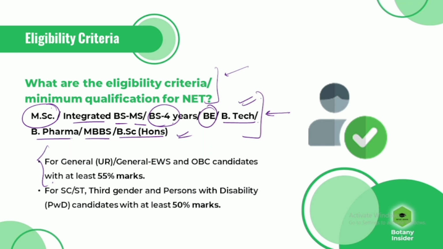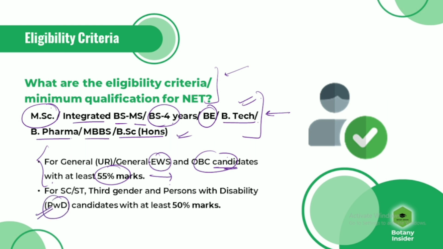For the general category, EWS and OBC candidates, at least 55% marks are the bare minimum required, and for SC, ST, third gender and persons with disabilities, the PWD candidates, they need to get these degrees done with 50% of the marks, correct?